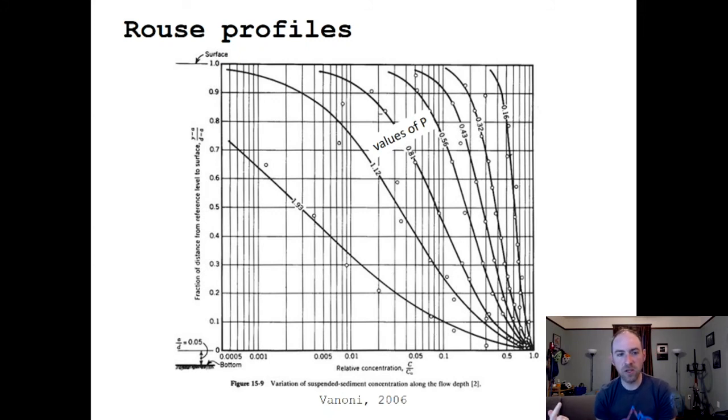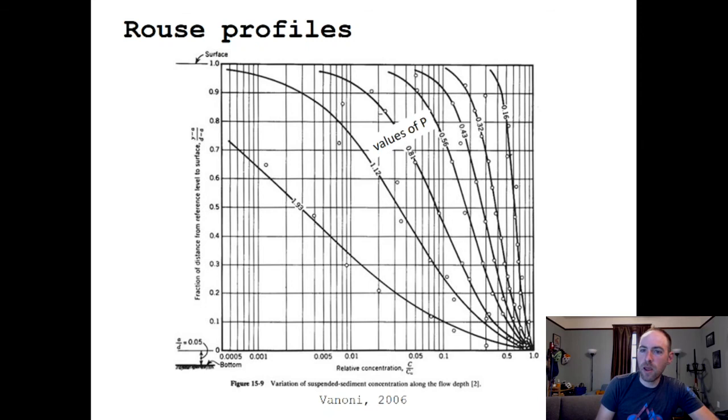And then as you get into Rouse numbers of 0.8 or so to about 2.5, you're considered to be in mixed load, where you have a lot of suspended load and a lot of bed load both. And then at Rouse numbers of about 2.5 and greater, there's very little suspended load. It's all bed load dominated. This is sort of the general notion, okay?